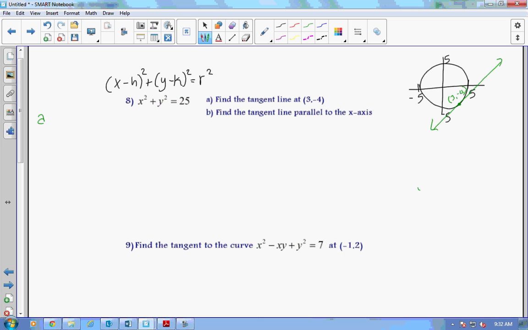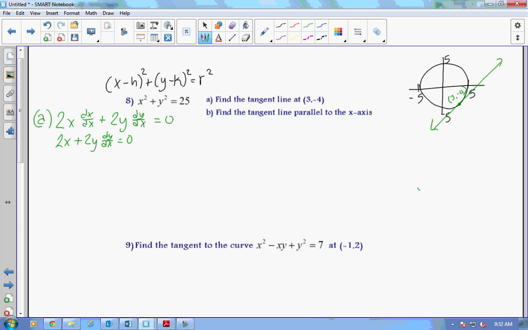So for part A, the derivative. Reed, would you go through and tell me what the derivative would be? Great. So this becomes 2x plus 2y dy/dx equals 0.